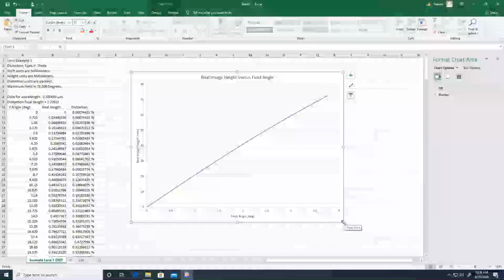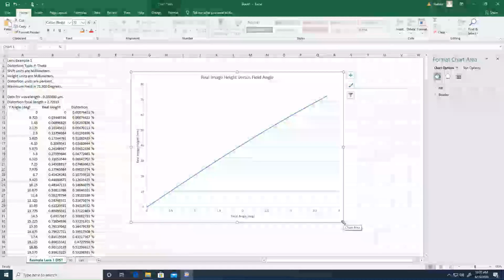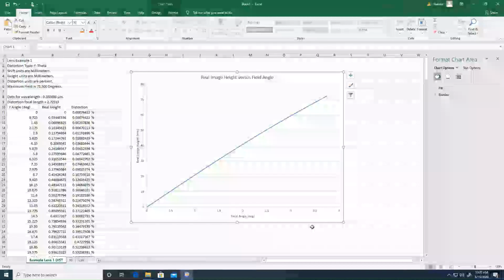So why would I use the raw data as well if I can nicely see the actual distortion profile visually in the graph? When would I use the raw data? Well, the graph is a good quick glance, especially for looking at maximum distortion at the image circle.